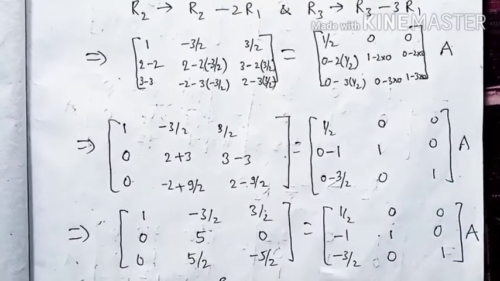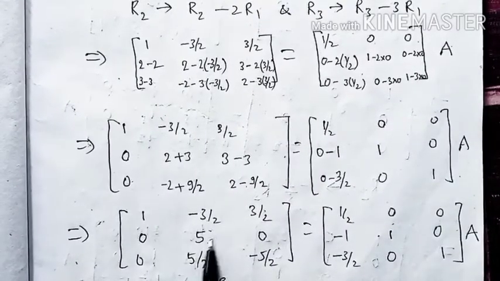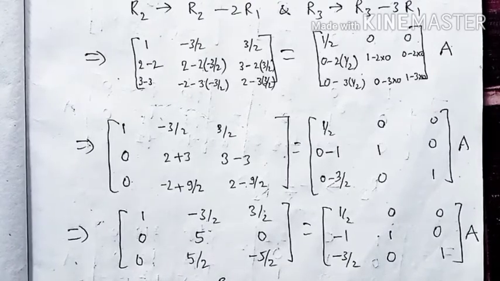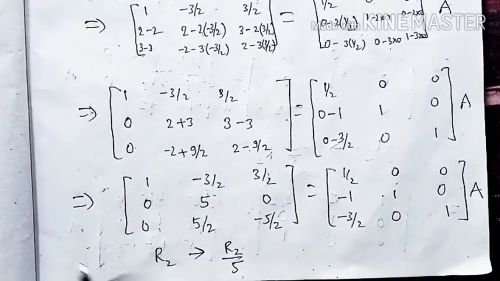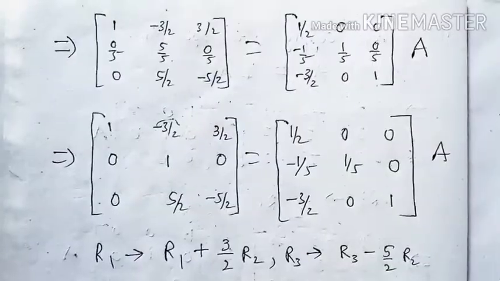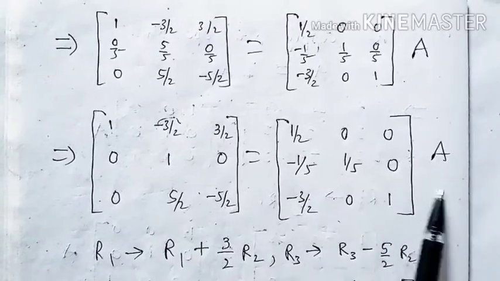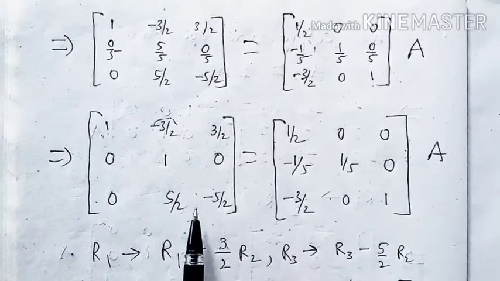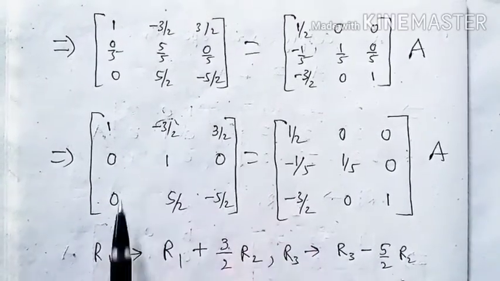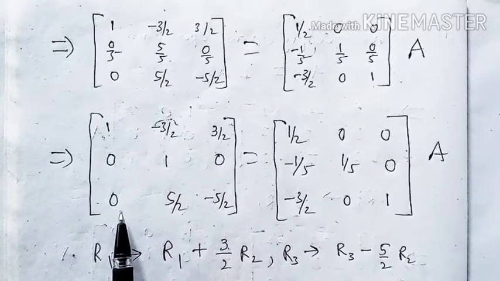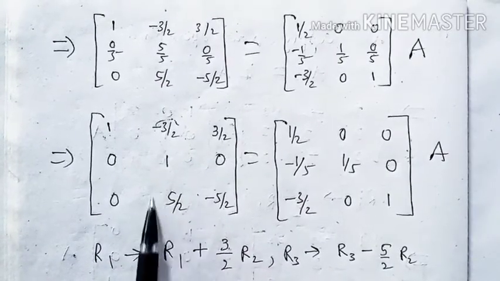So now we have to change this 5 into 1. Then what to do? We divide R2 with 5. After applying the operation, we have these matrices. Now we have to change this element and this element into 0.